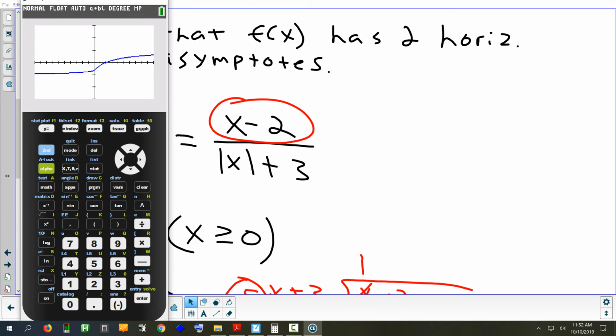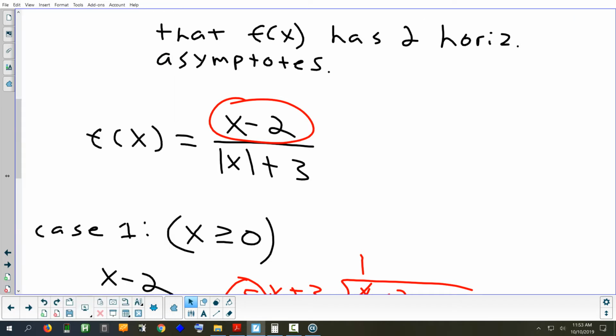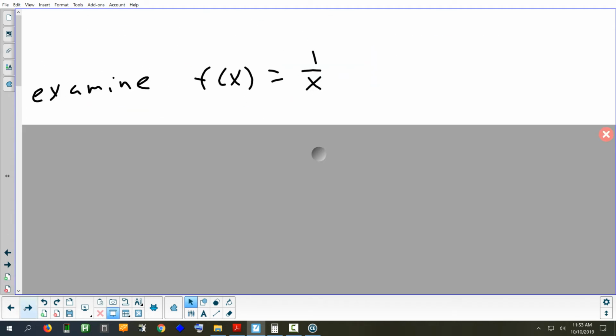Also, the curve isn't quite as smooth as I drew it. It actually is a little sharper right there than I drew it, but it's trapped between -1 and 1. Okay, so a little weird because you get 2 horizontal asymptotes.